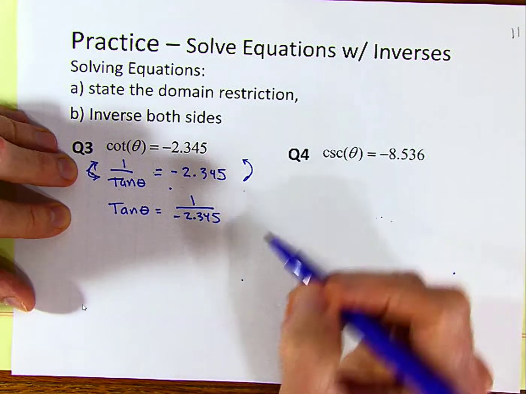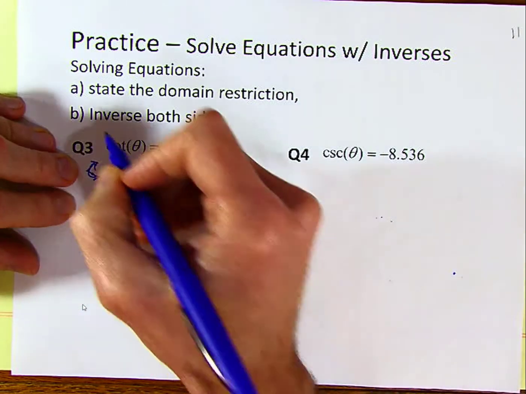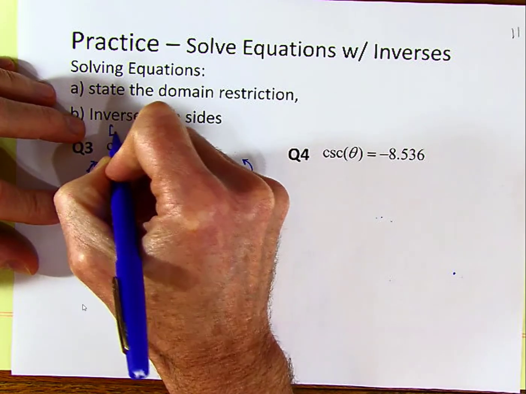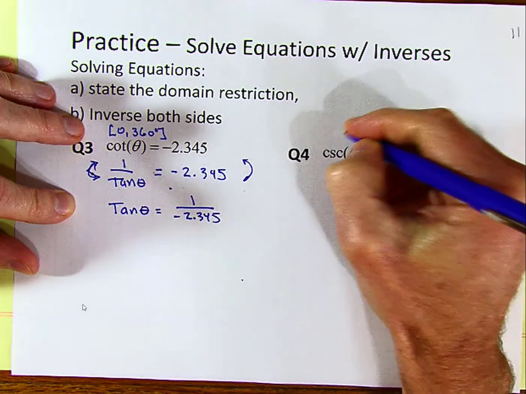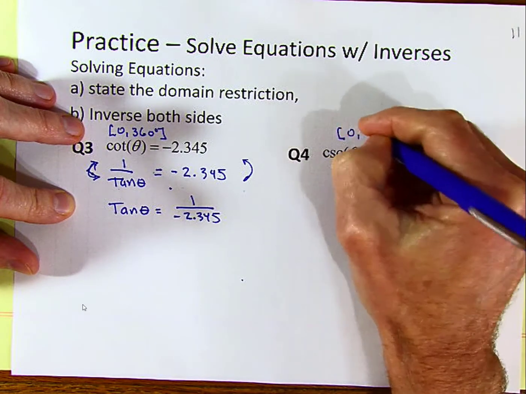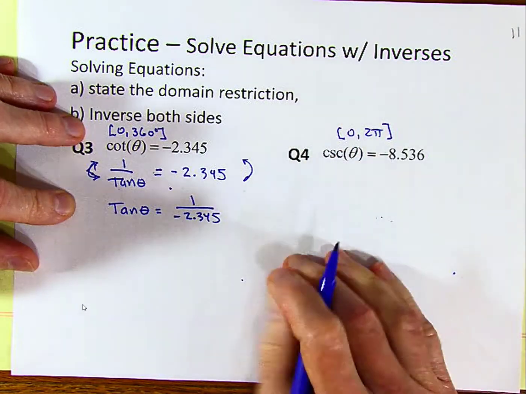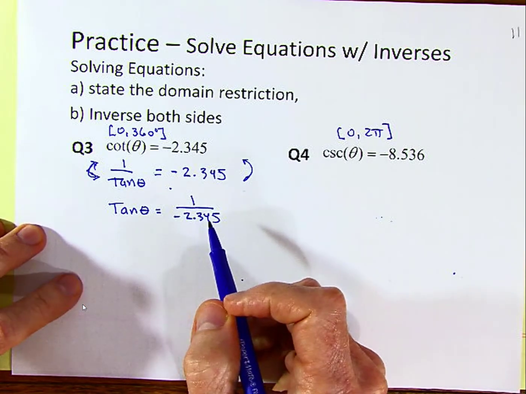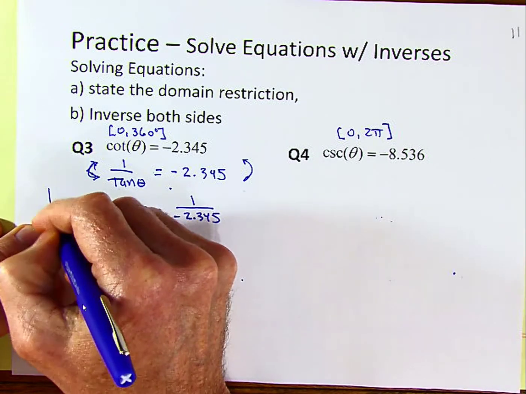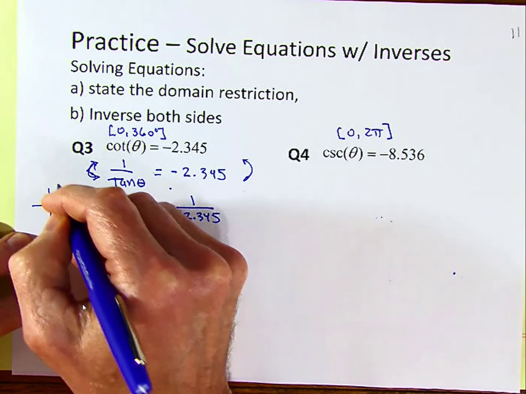Alrighty, so let's do this one in degrees, from 0 to 360. And so I don't forget, I'm going to do this one in radians from 0 to 2 pi. Okay, so we're looking for degree solutions. All right, just to kind of visualize, where is tangent negative?